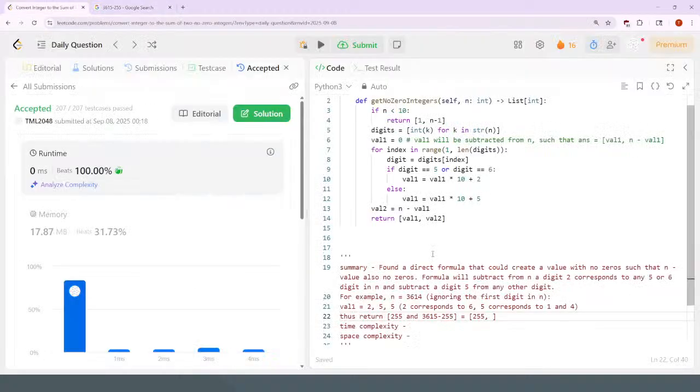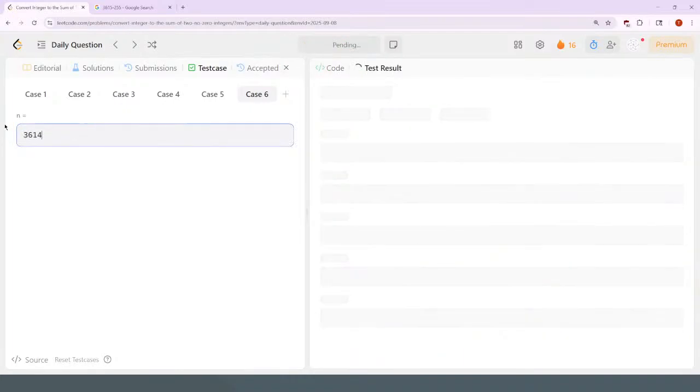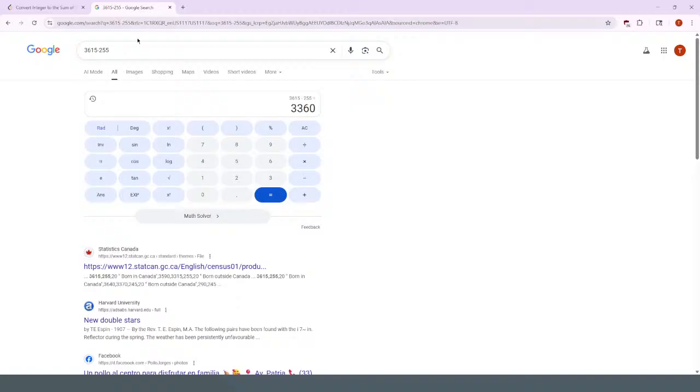Oh boy. Subtract 2 when there's a 5 or 6, and subtract a 5 for everything else. Oh boy, does this actually not work in that test case? 255 and 3359, 3614.